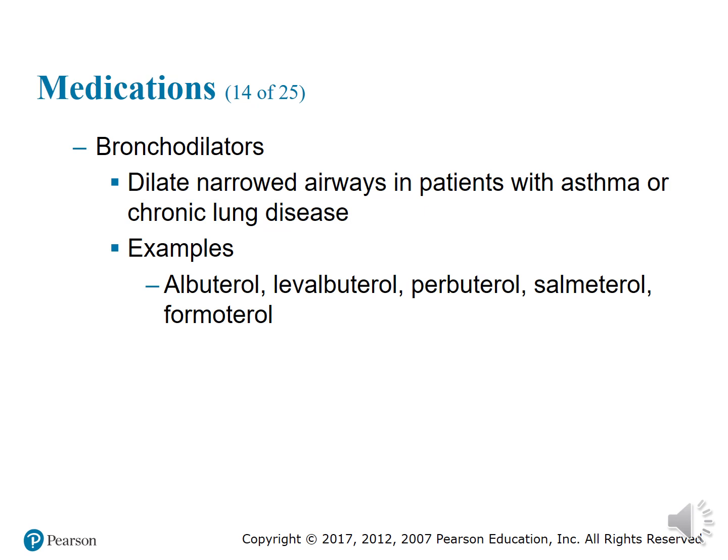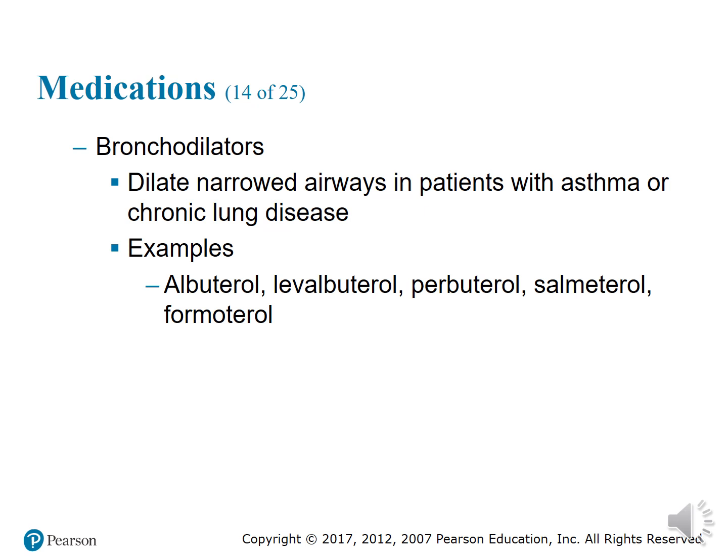Then you have labetalol, probuterol, and formoterol. These words, sorry. But these are all different types of bronchodilators. Like I said, albuterol is the most popular one that everybody knows.